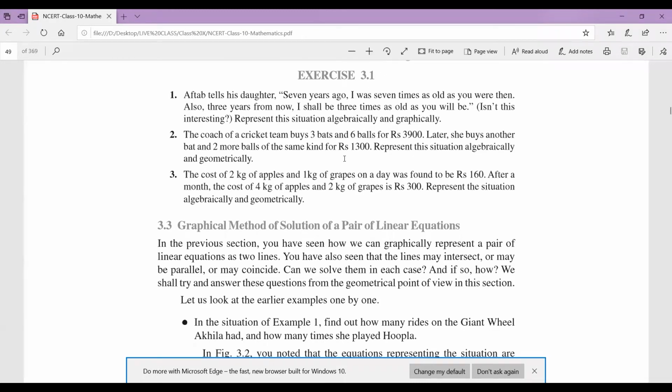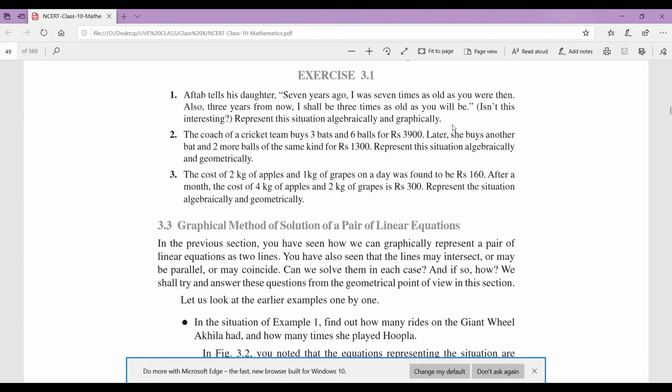Sir, we will compare the equations for 7 years ago or 3 years after. It says Aftab tells his daughter, 7 years ago, I was 7 times as old as you were then. In this type of question, you have to suppose the present ages.